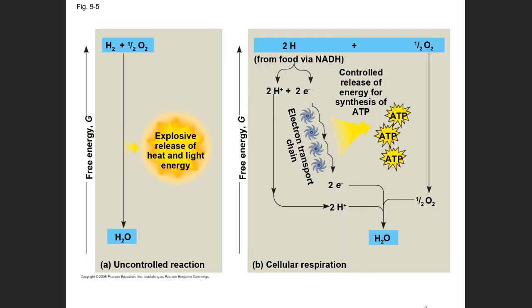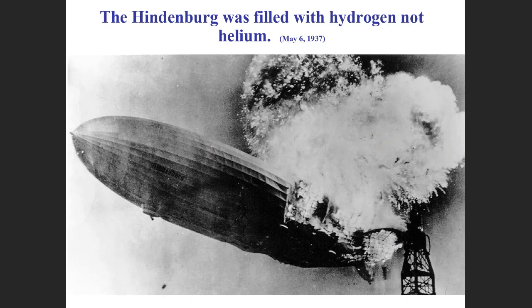And a real life example where that happened was the Hindenburg disaster. And this happened in 1937. The Hindenburg was a blimp or a Zeppelin, a German Zeppelin on its way from Germany to New Jersey. And when it got to New Jersey, something happened.